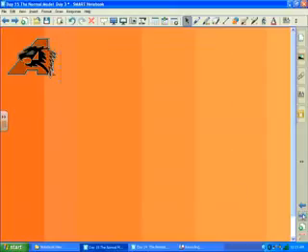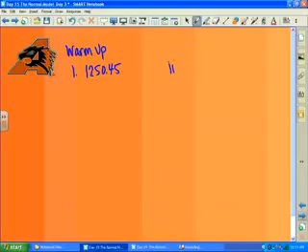Okay, but back to the warm-up. Let's go ahead and do this. These first ones are pretty simple. I'll just give you the answers for the warm-up. Number 1 was 1250.45. Number 2, the standard deviation was only affected by multiplication, so you only multiplied it by 73.